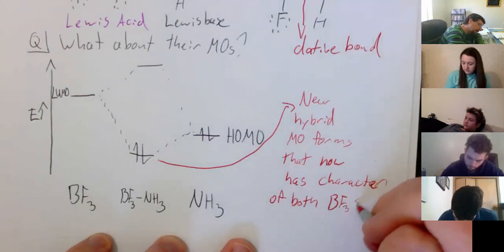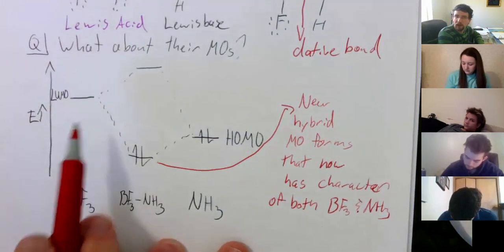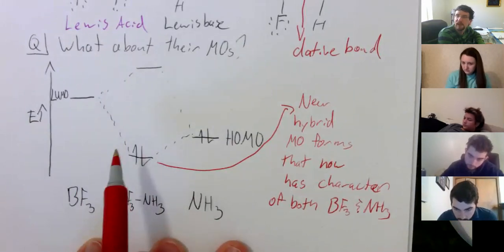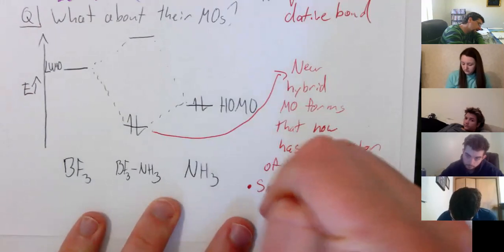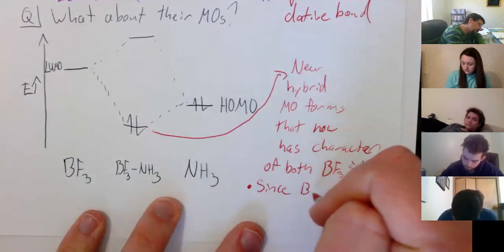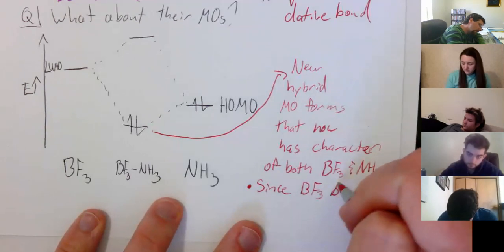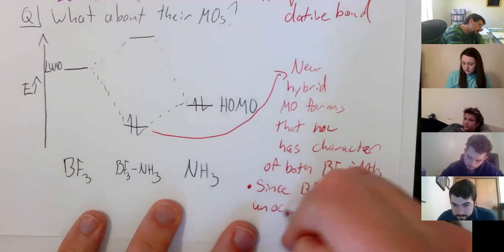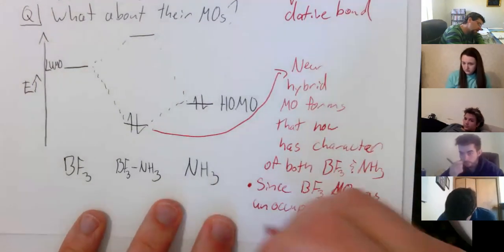boron trifluoride and NH3. And since the boron trifluoride had an unoccupied orbital that was contributing to this, it now gets some charge. So since BF3's MO was unoccupied, it acquires some charge.